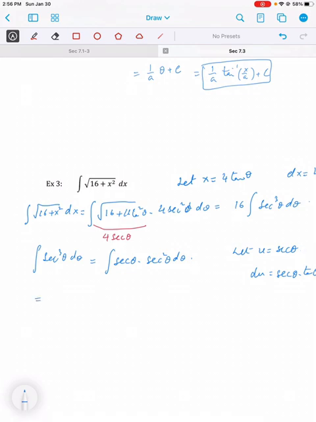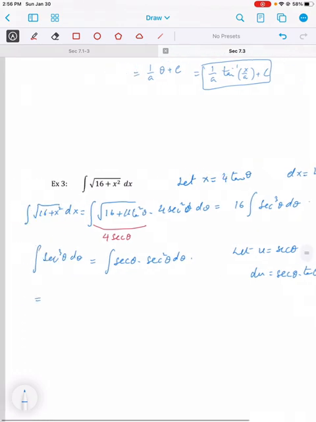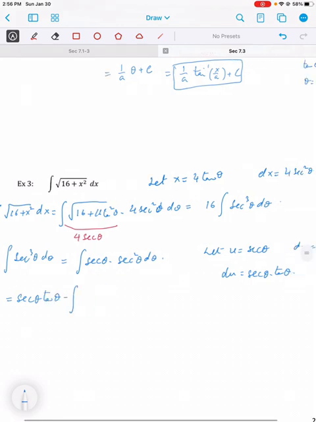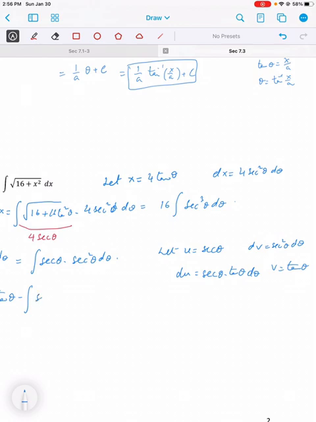So that this quantity becomes uv. u is secant theta and v is tangent theta. So secant theta times tangent theta minus integral of v du. v is tangent of theta and du is this whole quantity. So you can see this gives me secant theta times tangent squared theta d theta.